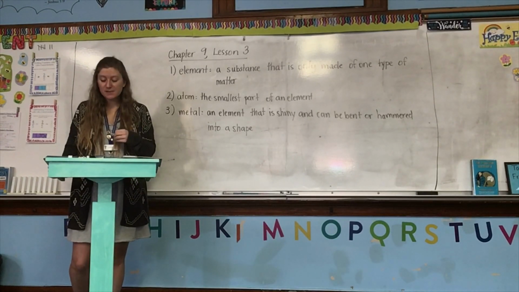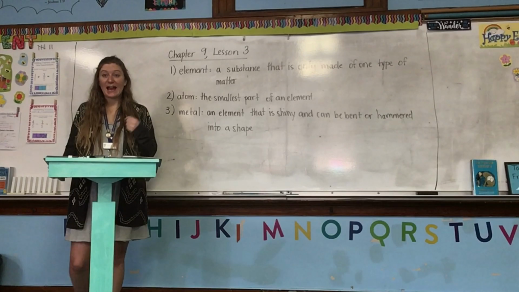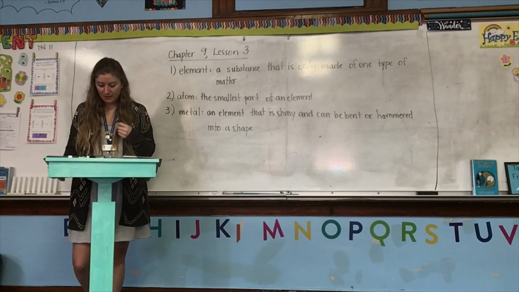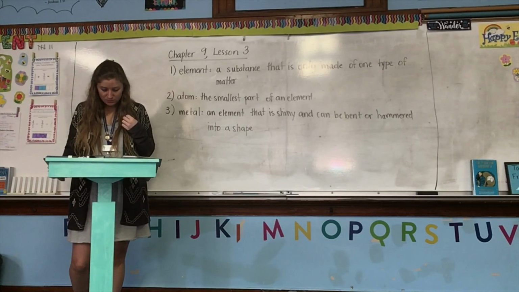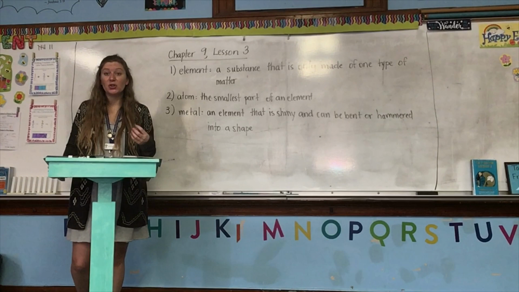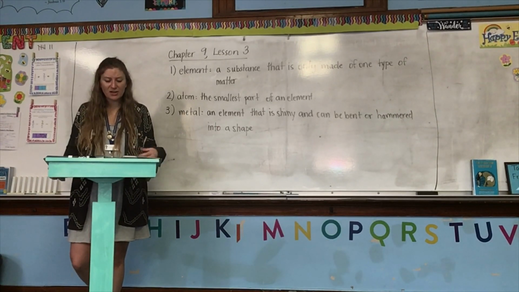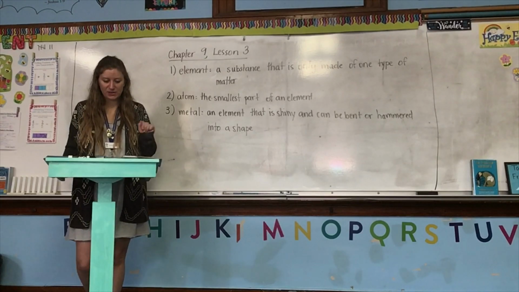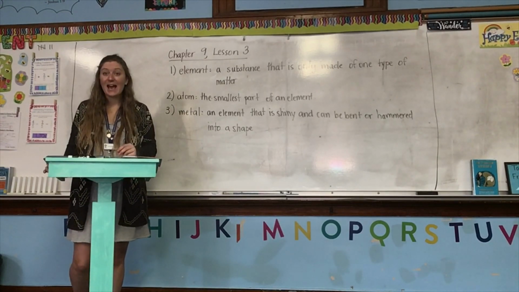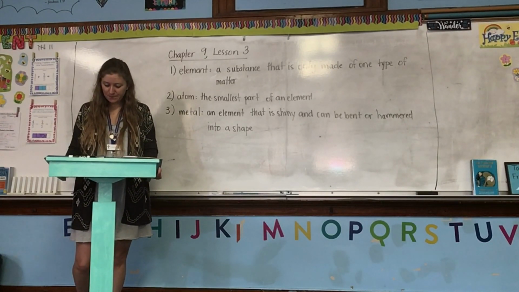Now for metals, they mentioned iron, aluminum, and copper. They also mentioned gold and silver. They didn't tell us that they were metals, but if you think about it, they do have these traits that we talked about.